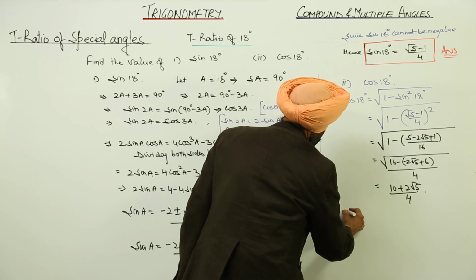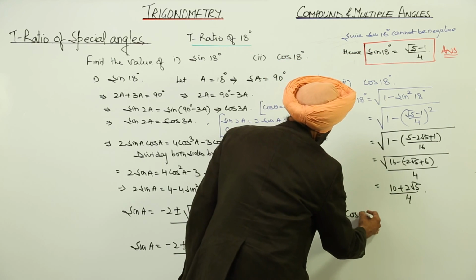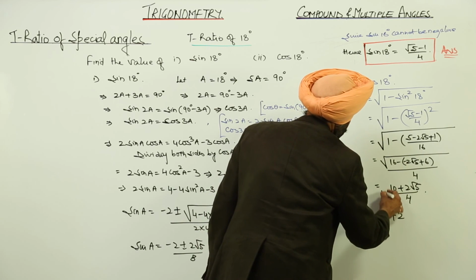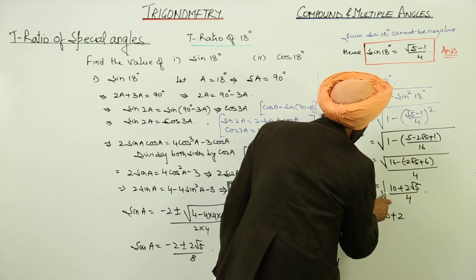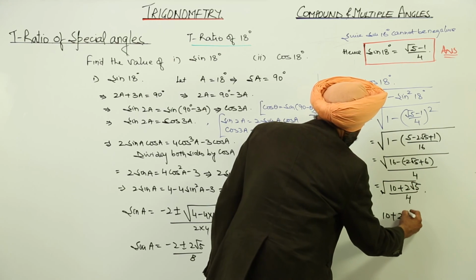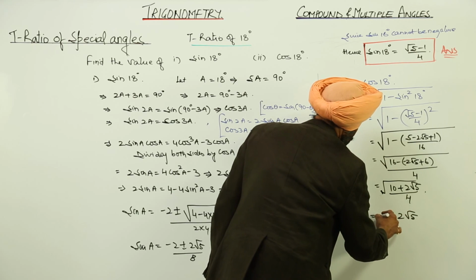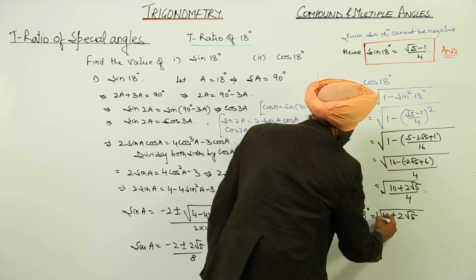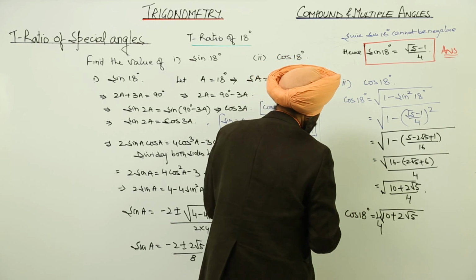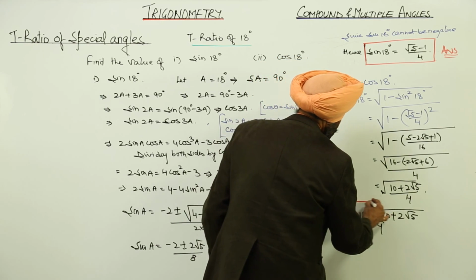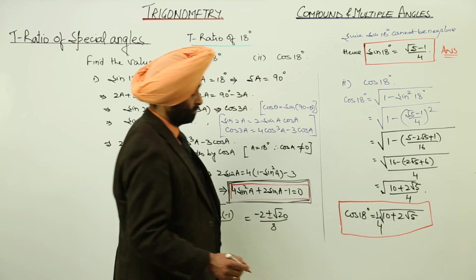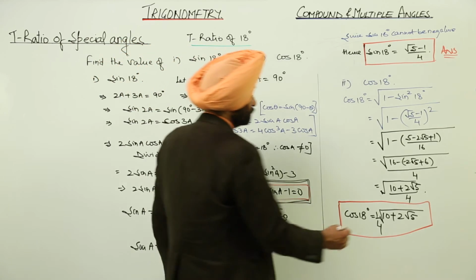Now, cos 18 degree is equal to the square root of (10 plus 2 root 5) under the root, upon 4. So we now have sin 18 degree and cos 18 degree both. Okay, so this is also the answer value.